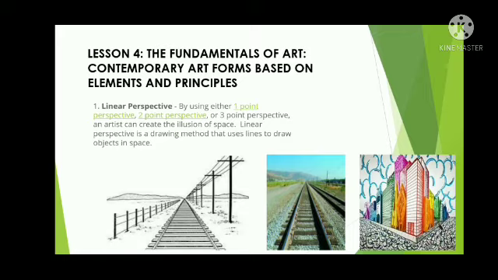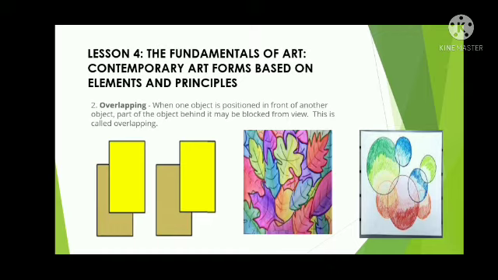Linear perspective is a drawing method that uses lines to draw objects in space. Next, we have overlapping. When one object is positioned in front of another object, part of the object behind it may be blocked from view. So this is called overlapping.